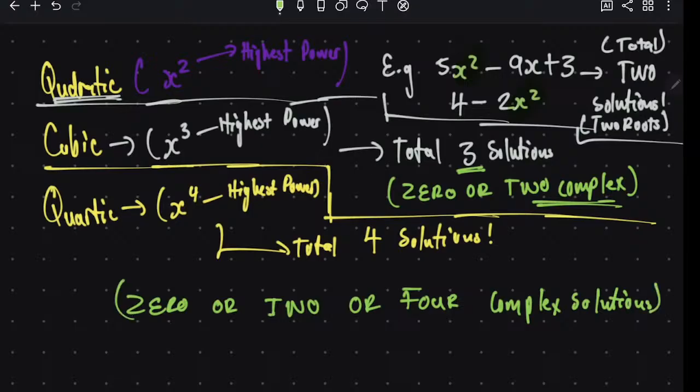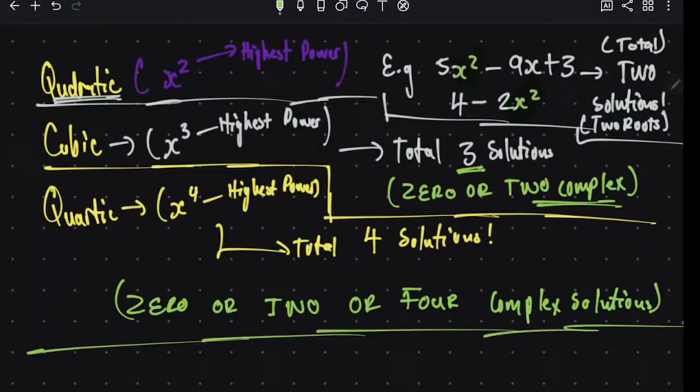So if they ask you, here's what they will ask you: what are the possible situations for a quartic equation? You must tell them, I can have 0 complex, which means it will be 4 real solutions. When we just say real solutions, we mean real numbers, like 2 or 4 or root of 9 or root of something.